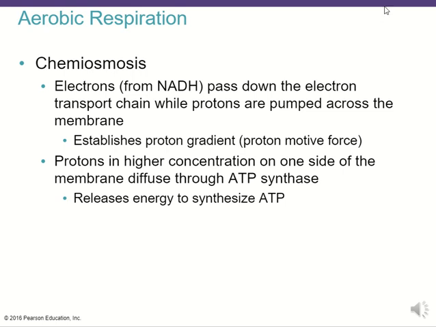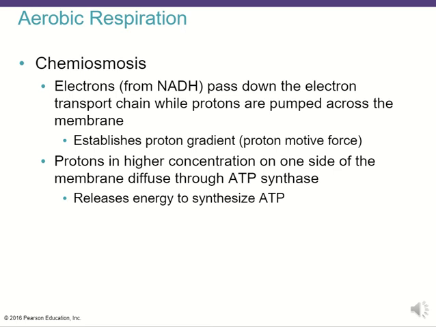Essentially, protons in higher concentration on one side of the membrane diffuse through a membrane protein called ATP synthase, and the transport of that proton then causes ATP to form. So essentially, the purpose of the electron transport chain is it helps protons move across the membrane to an area of higher concentration.